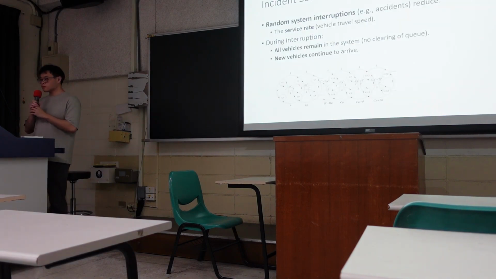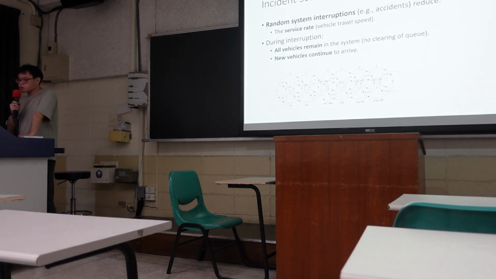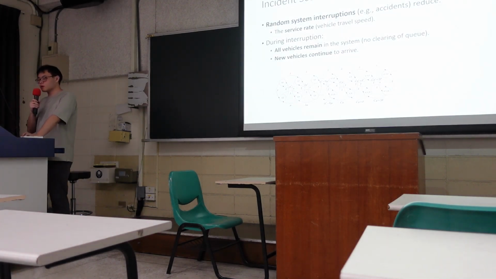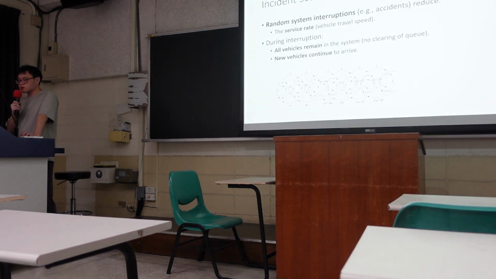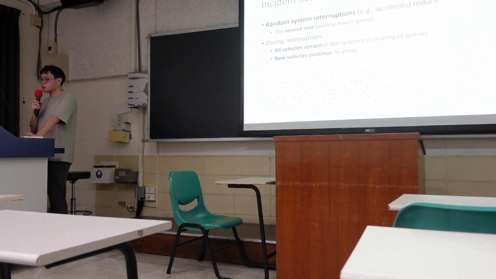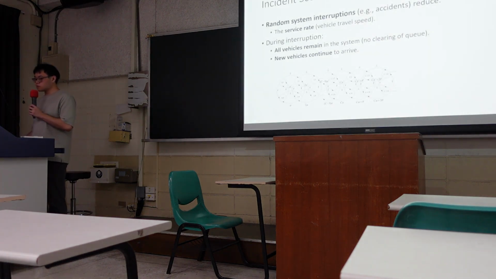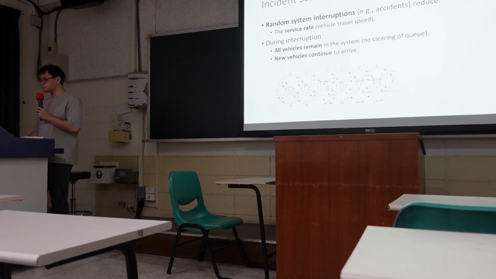And now we talk about what happens when an incident occurs on the road segment. We assume that a random service interruption, such as an accident or a sudden breakdown, will reduce the service rate. In other words, the vehicle moves very slowly.